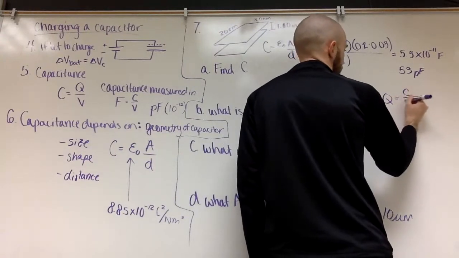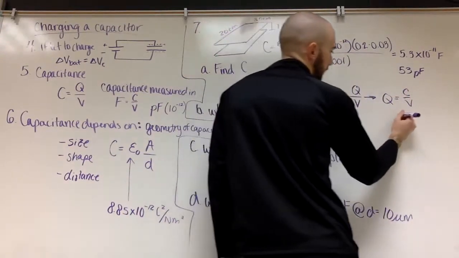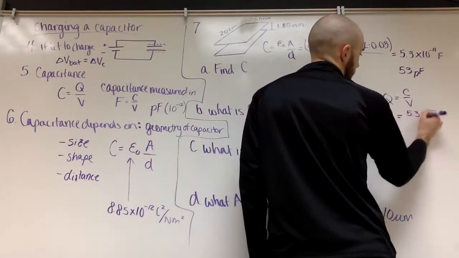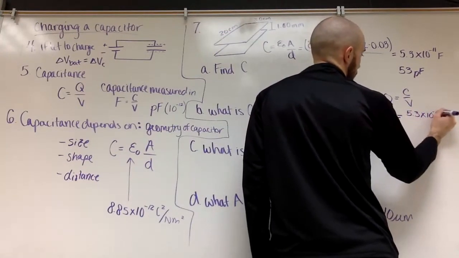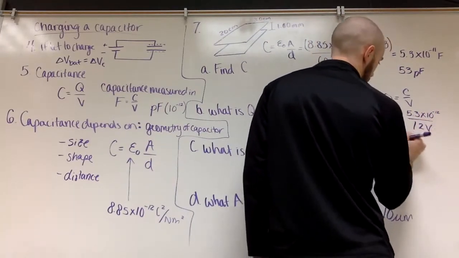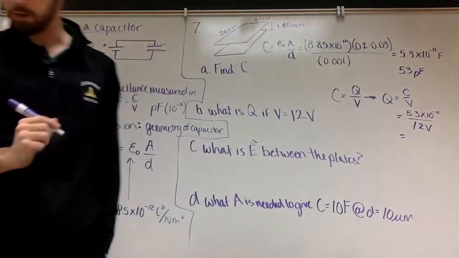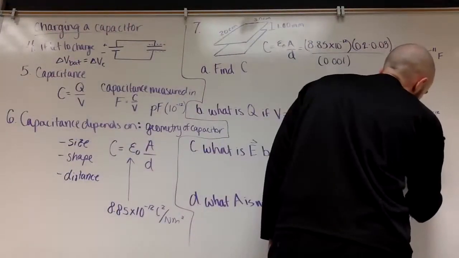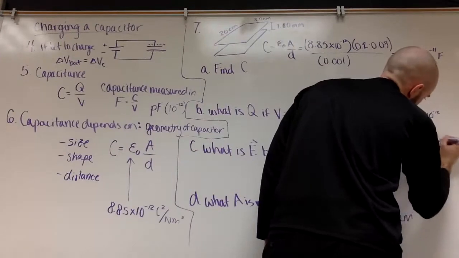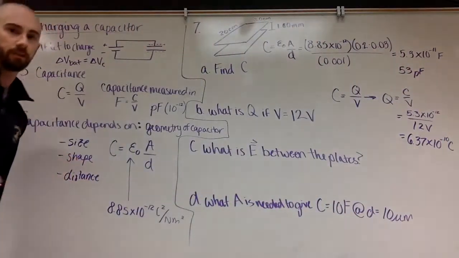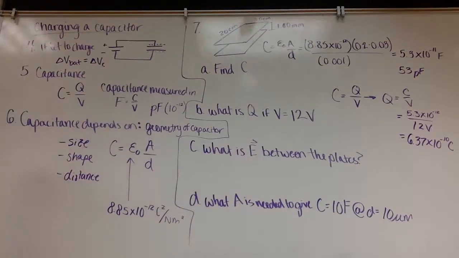Q equals C times V. When I do that, I get my capacitance, 5.3 times 10 to the minus 12, times 12 volts. And when I plug that in, let me check my numbers over here, I get 6.37 times 10 to the minus 10 coulombs. That's a very tiny amount, not a lot of charge on there.